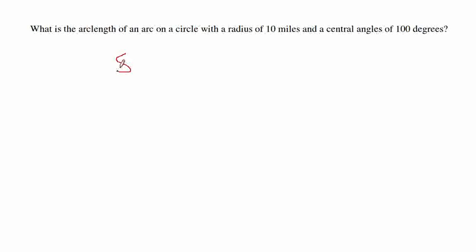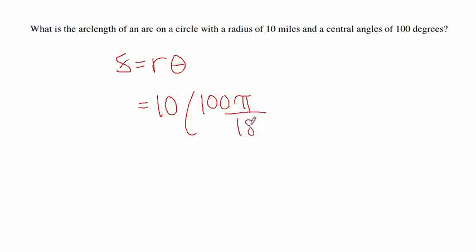So we know the formula is that the arc length is the product of the radius and the angle measure in radians. So 10 miles is the radius, and let's convert 100 degrees to radians. So we'll multiply 100 by pi over 180. So that's what we want to simplify.